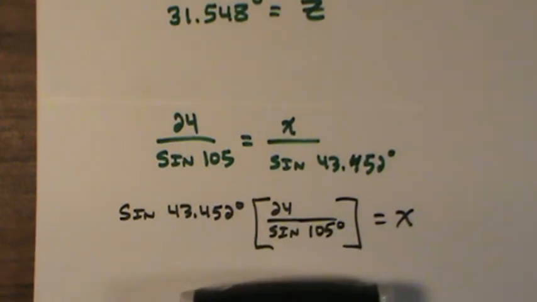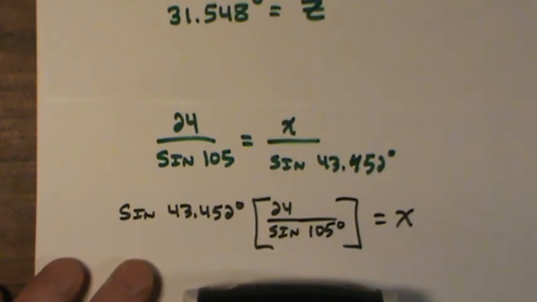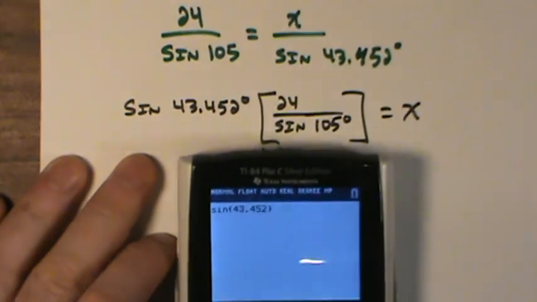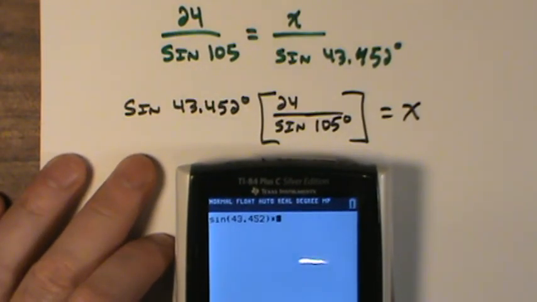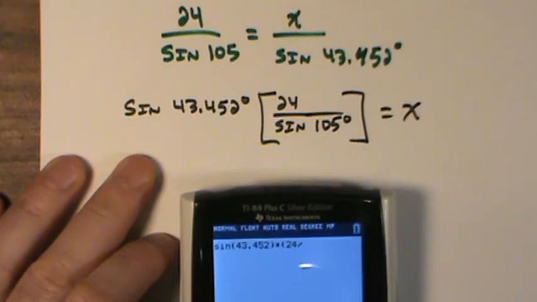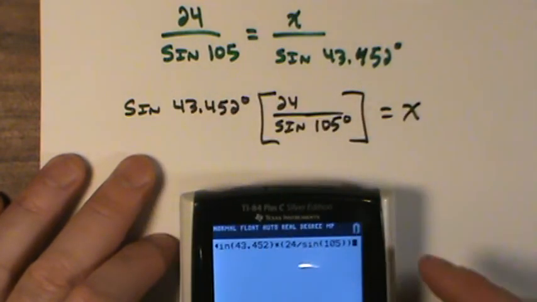It's a lot of calculator work. So I'll type in sine 43.452, and then I'm going to multiply by this fraction of 24 divided by sine 105. And you can see how I just use those proportions to my whim.